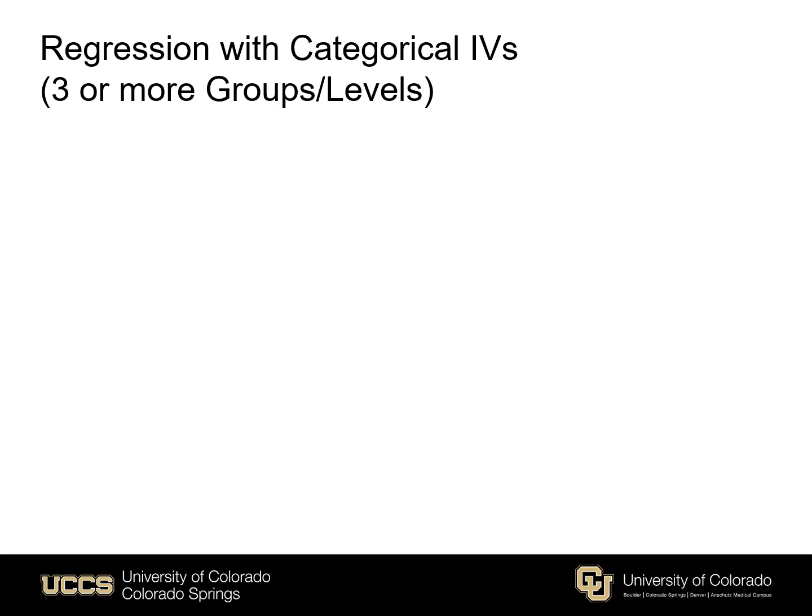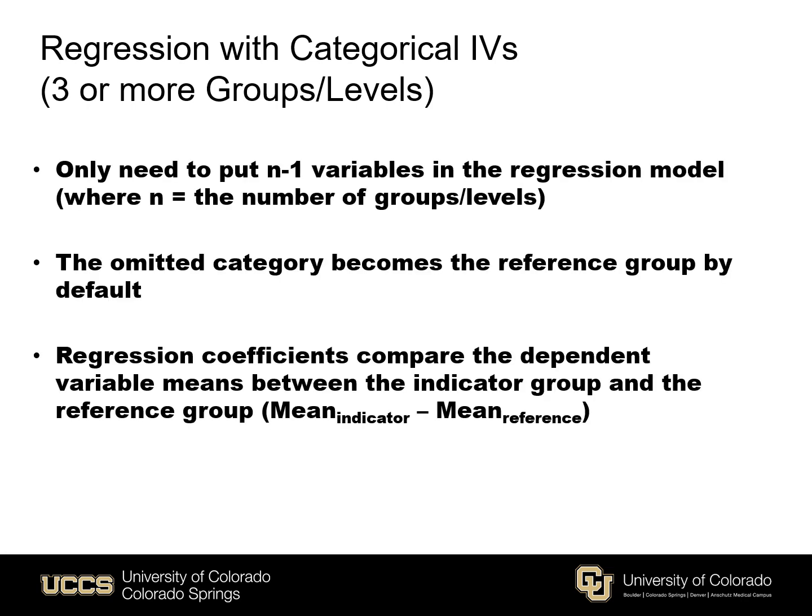So how can these indicator schemes be used in regression? Well, we can specify regressions such that they will compare the dependent variable across categorical independent variables that have 3 or more groups or levels. The approach is as follows. If we have 3 categories and thus 3 indicator code variables, we only need to put n-1, or in this case 2 of those variables, in the regression model.